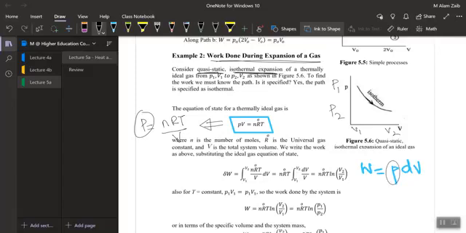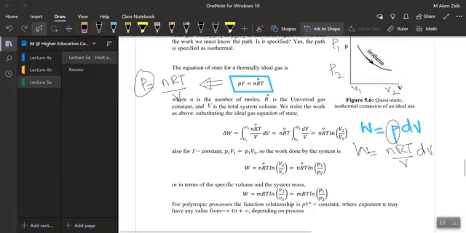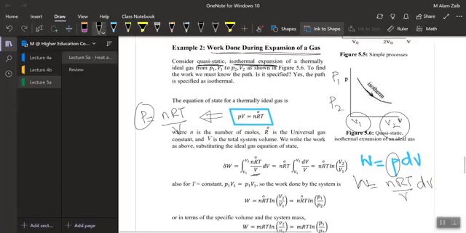So W would be equal to the integral of nRT by V into dV, integrating from volume V1 to V2. Now the point is the process was isothermal as well.